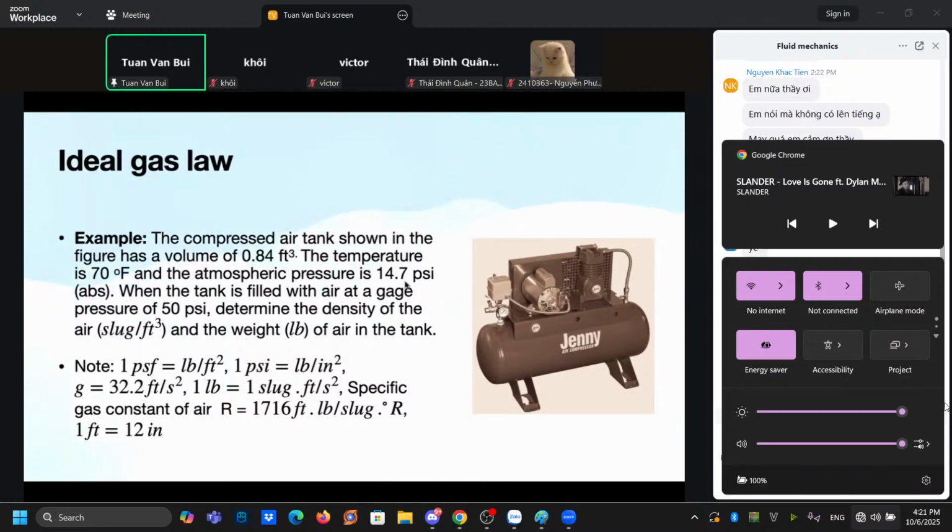So 14.7 psi, you need to also convert to PSF in order to calculate the density and the weight. So you need to find the density rho and the weight.